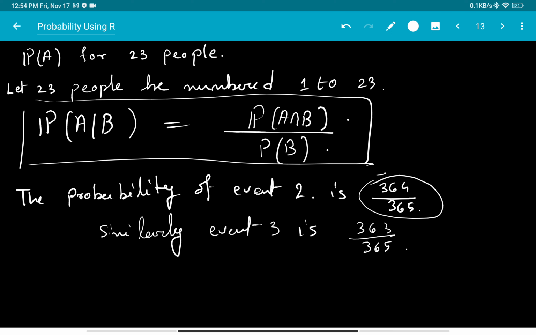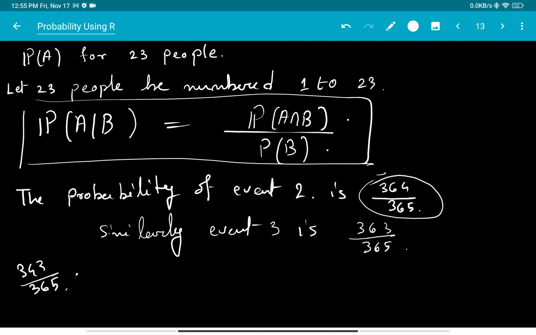This continues until finally the probability of event 23 given that all preceding events occurred is 343 over 365. So finally the principle of conditional probability implies that the probability of A complement is equal to the product of these individual probabilities.